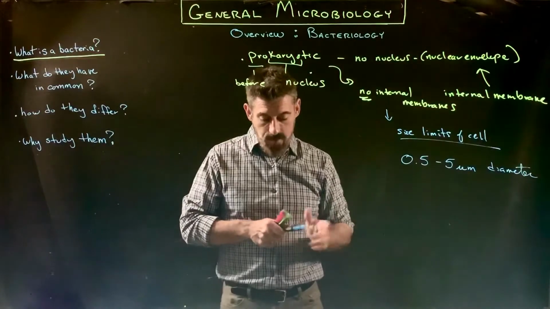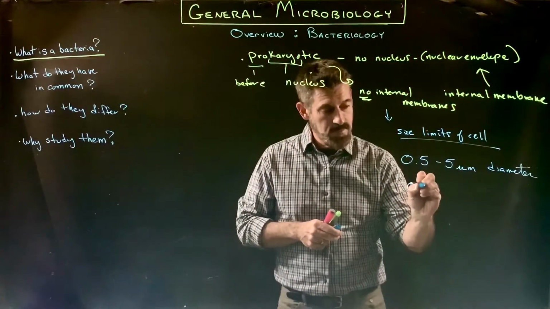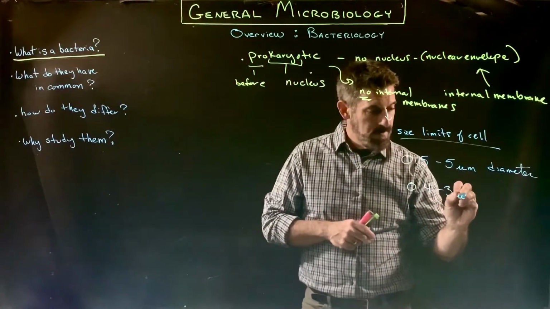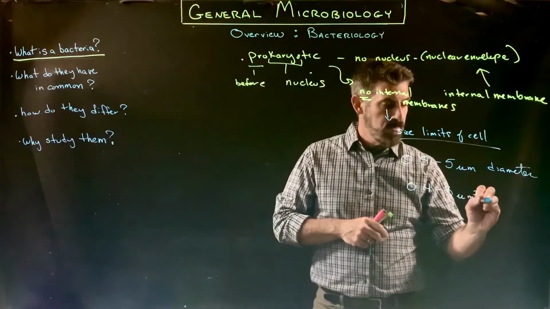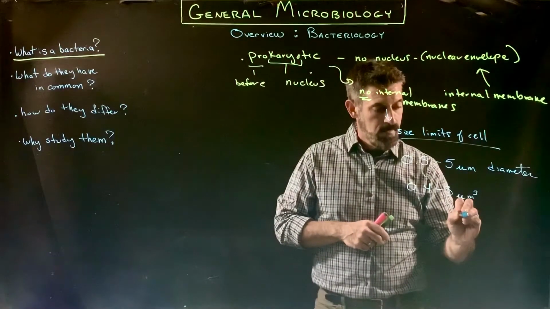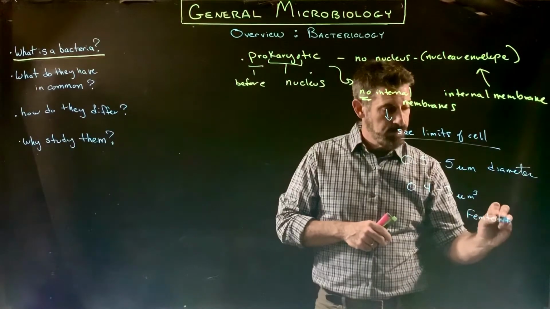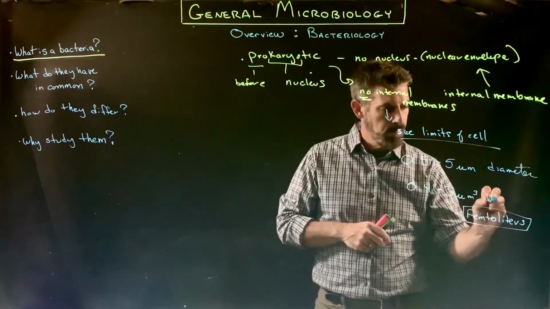The volume of bacterial cells is, in general, about 0.4 to 3 micrometers cubed, which is also femtoliters. So that's a volume.